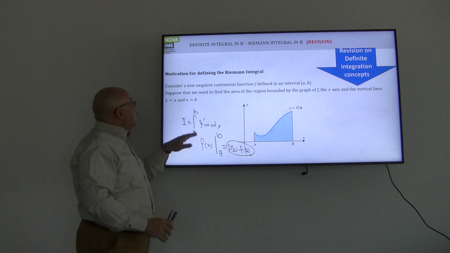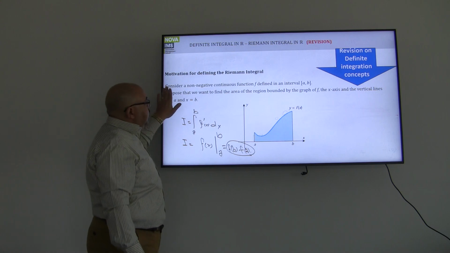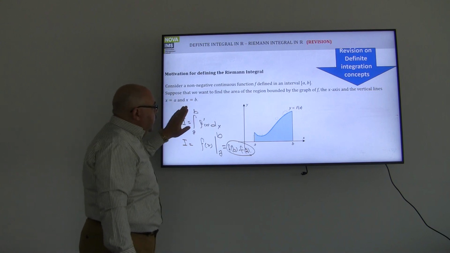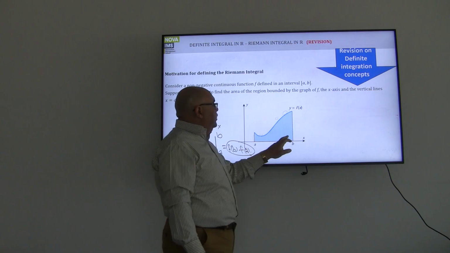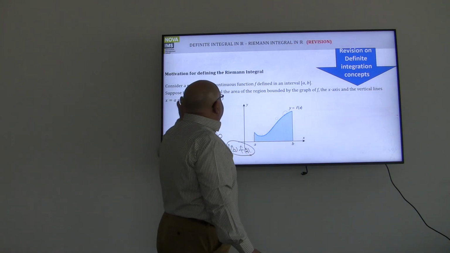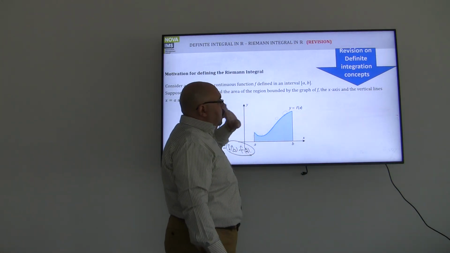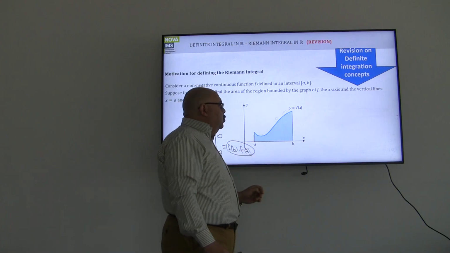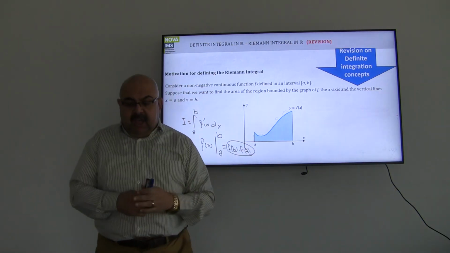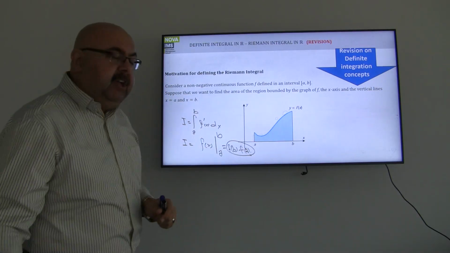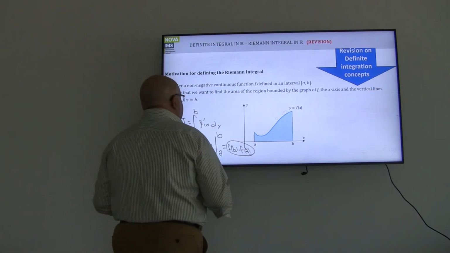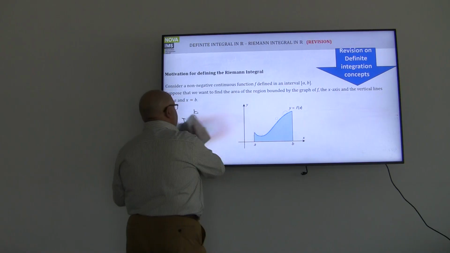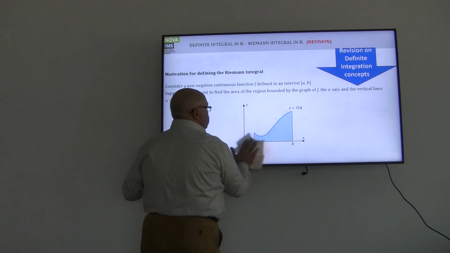So once more, consider a non-negative continuous function f defined on an interval ab. Suppose that we want to find the area, so all we have to do is to do the integration from a up to b, as you can see, and that's the basic idea. All the integration laws are applied whatsoever, there is no problem.